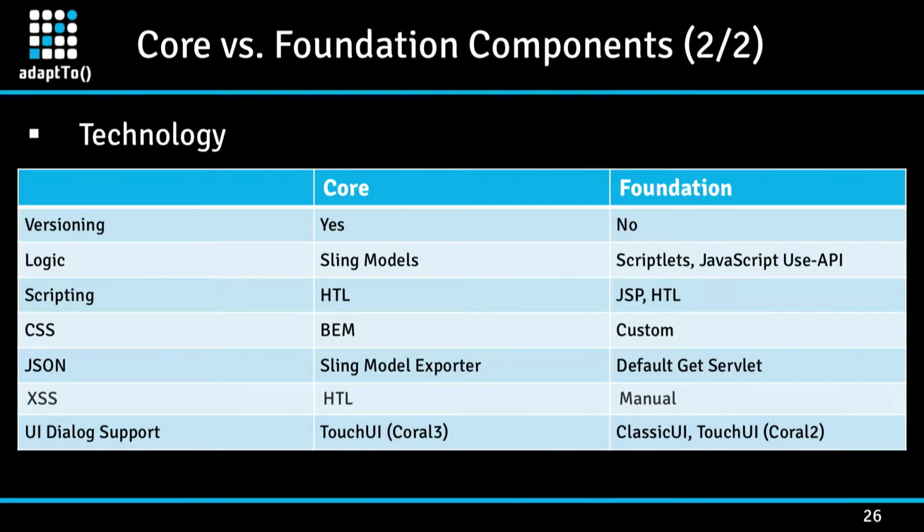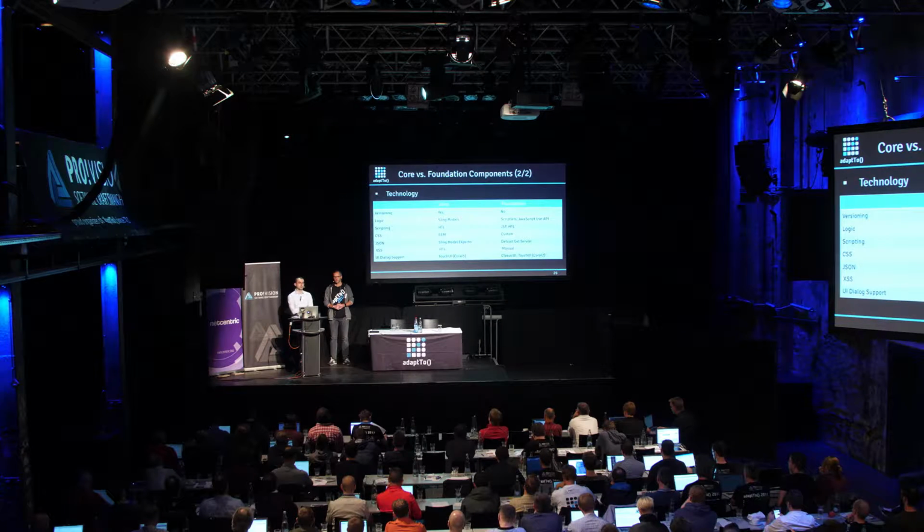We changed the way that we annotate our markup with classes to use more standardized BEM notation. We can also get an export of the data in your page in JSON by using the Sling model exporter. And since we switched to HTL, of course, XSS protection is provided out of the box.